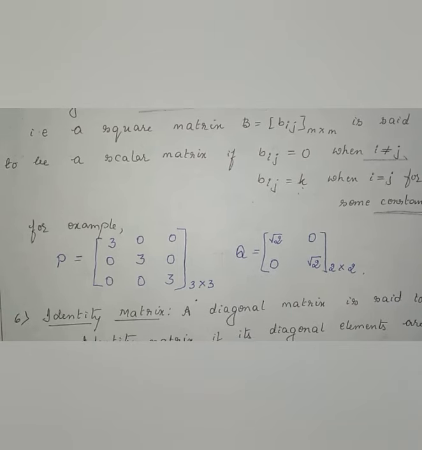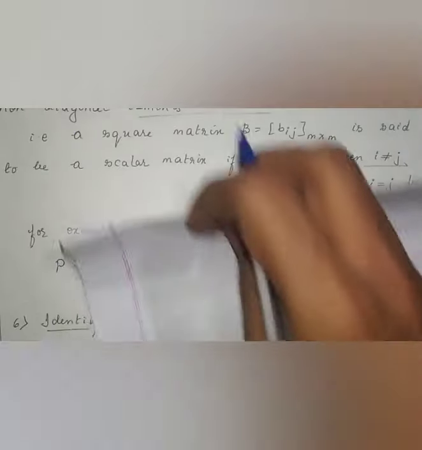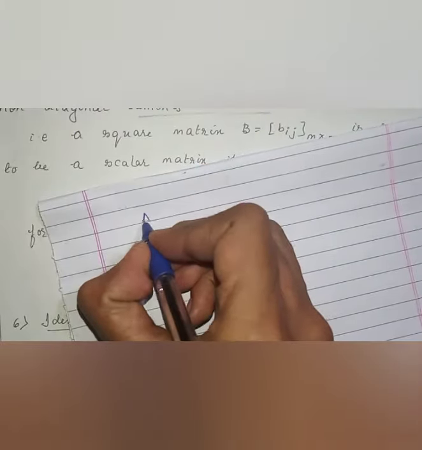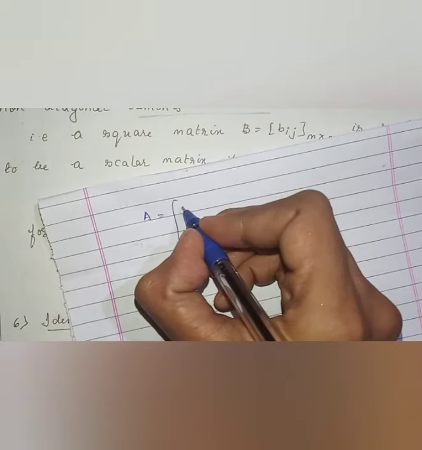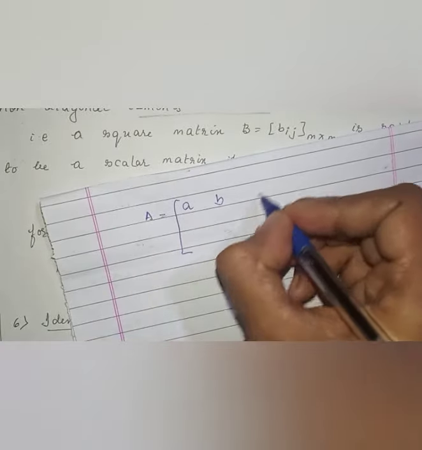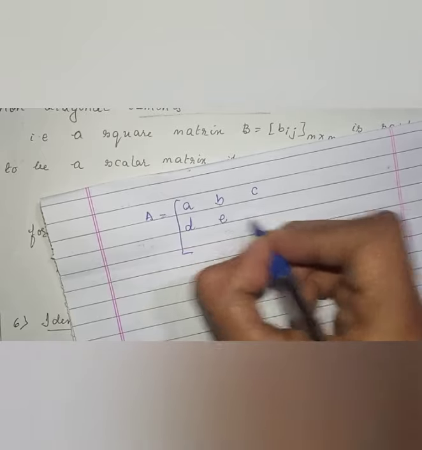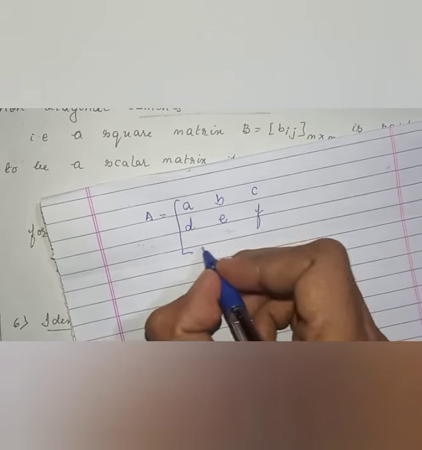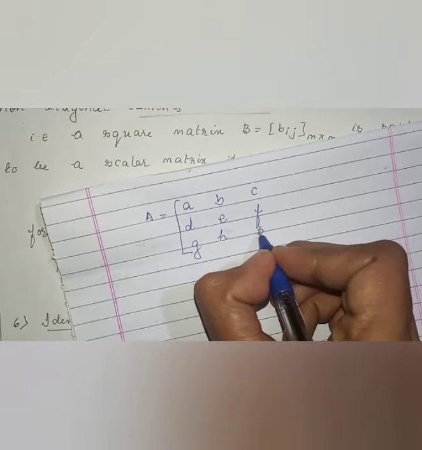We can also ask the question like this. Suppose there is a matrix A. Matrix A is: A, B, C, D, E, F, G, H, 5.